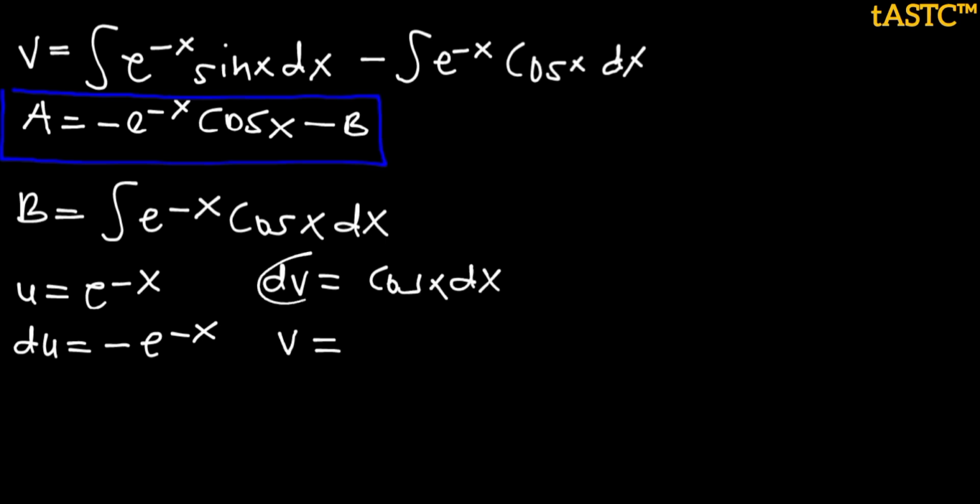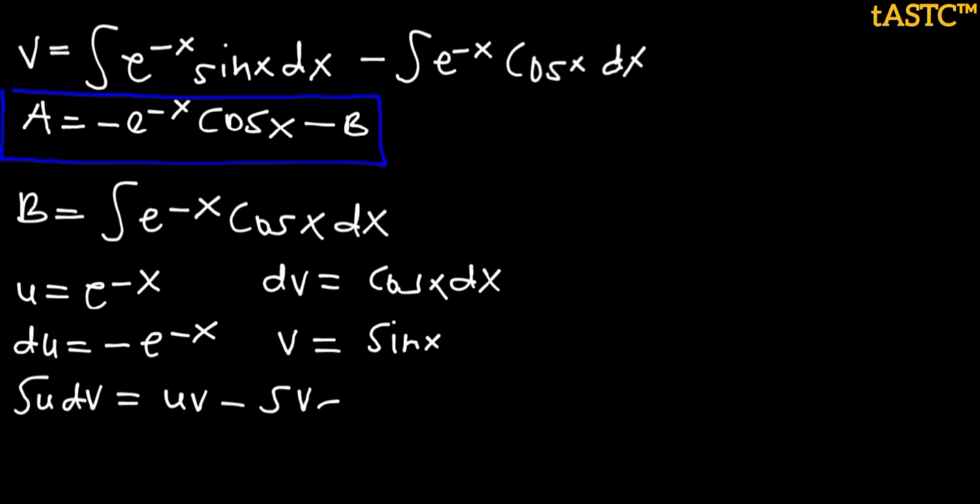So integrating it changes dv to a v, and on this side we're going to have sine x. So as you well know, integral u dv is equal to uv minus integral v du, right?